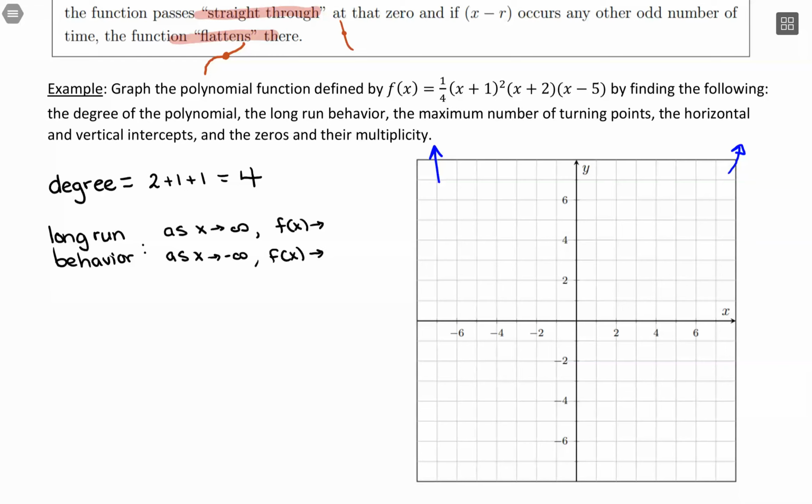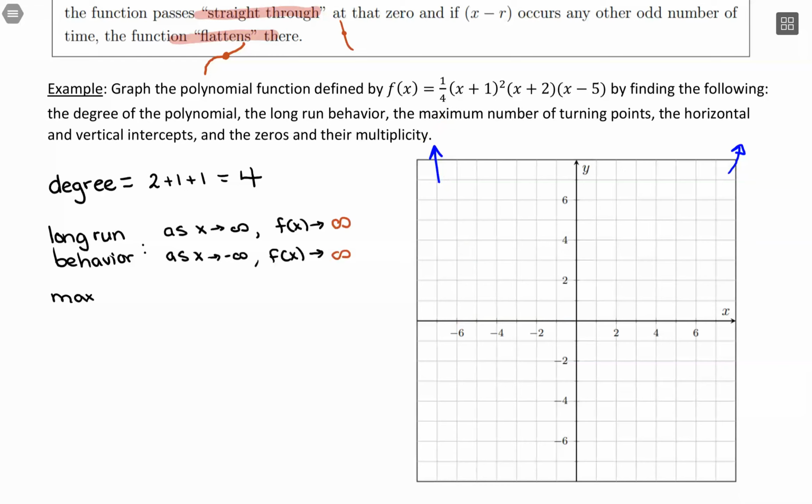Without evaluating anything, if you're asked for the long run behavior, this is the starting structure of it. As x is approaching infinity, our function is going to go off to positive infinity, so I'd fill in the blank with positive infinity. As x goes off to negative infinity, our function is going to go off to positive infinity. So that's our long run behavior.